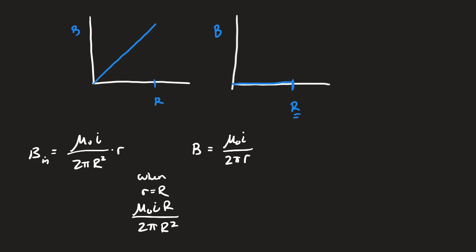And then the moment we get outside the wire, r, little r, still someplace outside the wire, we've done this before, we get our standard decay in the magnetic field, a 1 over R decay.